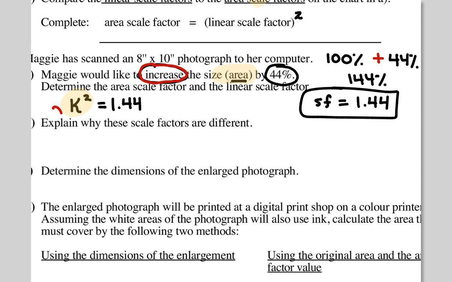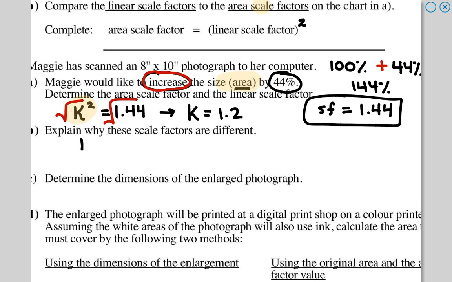We can square root both sides, and you get that k is 1.2. But the book has picked some nice numbers that work out well. Explain why these two factors are different. Well, the 1.44 is for area, and the 1.2 is for length.